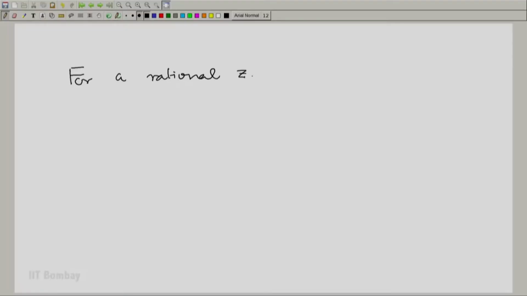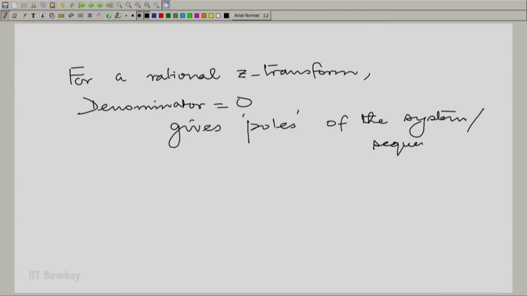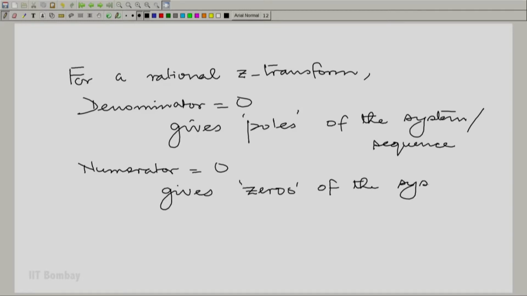Now, what is the role of the factors in the denominator and the factors in the numerator? We want to give them names, and in fact we will choose to give them the same names. So, for a rational Z transform, denominator equal to 0 gives what are called the poles. So, you know the term poles, and similarly for the numerator equal to 0, we get the zeros. So, you know the words poles and zeros have the same connotation.